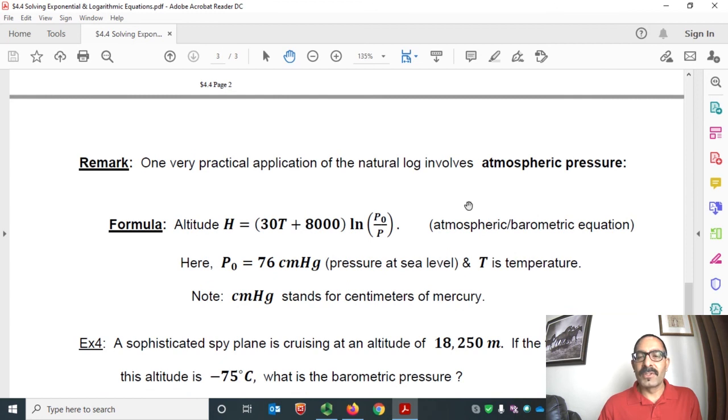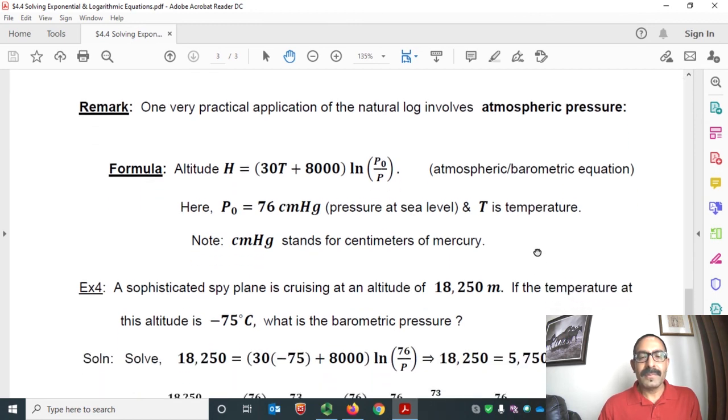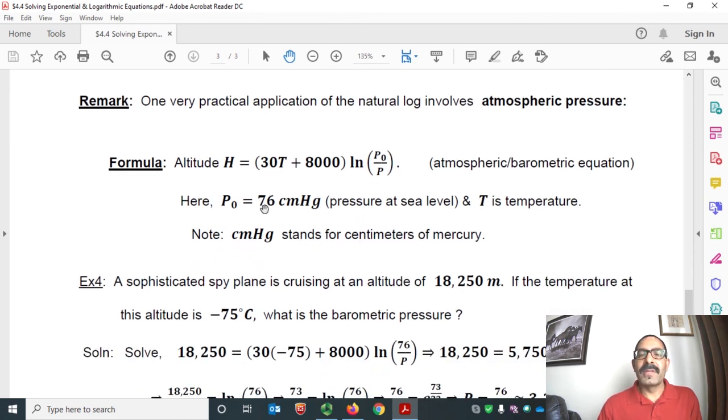The formula of atmospheric pressure is H, the height, equals (30T plus 8,000) times ln of P0 over P. Here T is the temperature, P0 is the pressure at sea level and P is the pressure at altitude H. And P0 is 76 cmHg. The cmHg is centimeters of mercury. This is the unit.